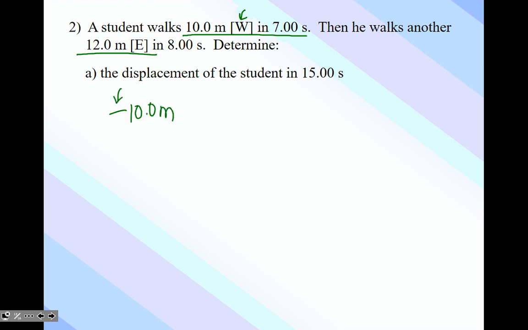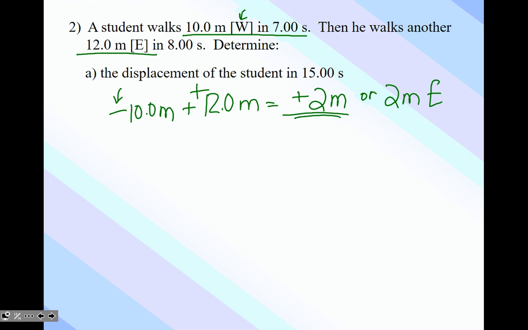We use the negative sign because we're calculating, plus 12.0 meters, and that's east, so it's positive, and that's going to get you positive 2 meters, or 2 meters east. But we use this for the calculation.